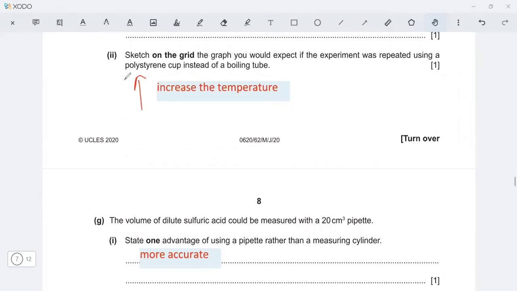So what you have to do is sketch on the grid the graph you would expect. If the experiment was repeated using the polystyrene cup, then the temperature will increase. So if the temperature is increasing, you have to show that graph on the main graph.